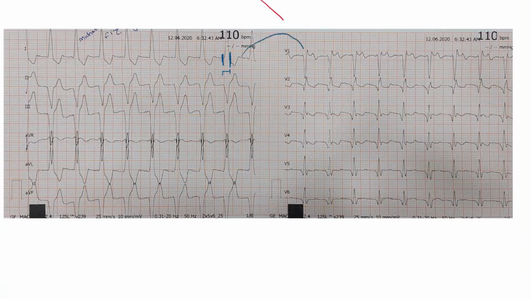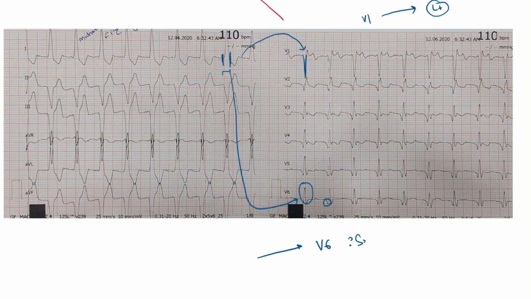Again, we're going to look at a broad QRS, V1 and V6, pretty much similar to what you'd expect to have in a left bundle branch block. V1 is showing a predominantly negative complex with V6 showing a predominantly positive complex, but you can see that there is a Q wave over here.